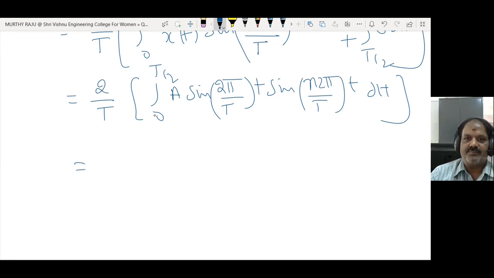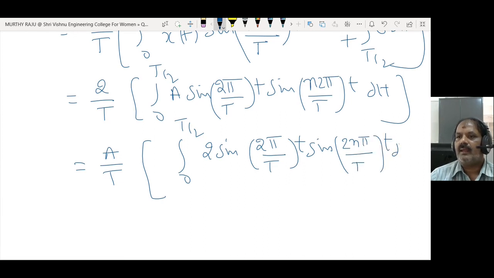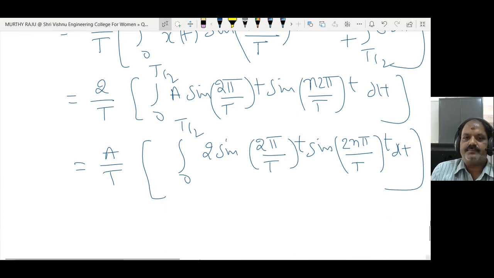Or else, A by T, integral 0 to T by 2, bring the 2 inside: 2 sine 2 pi by T small t, sine 2n pi by T t. 2 sine A sine B means cos A minus B.